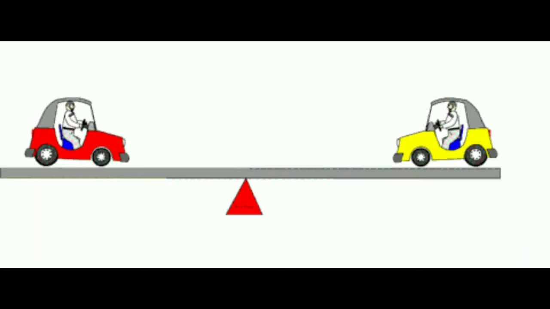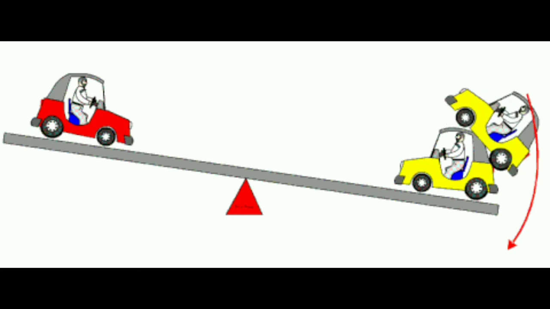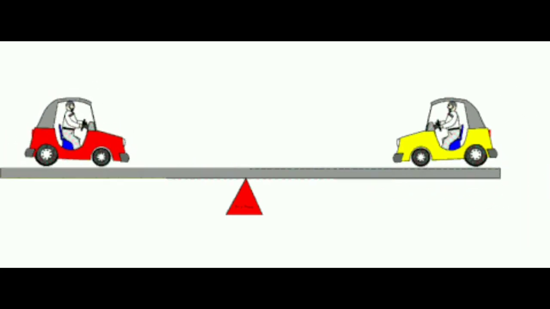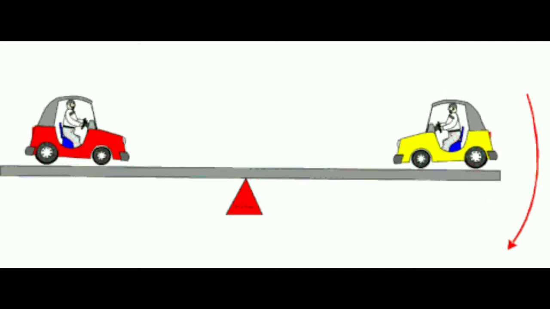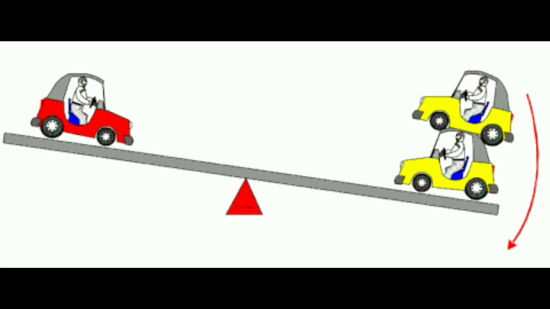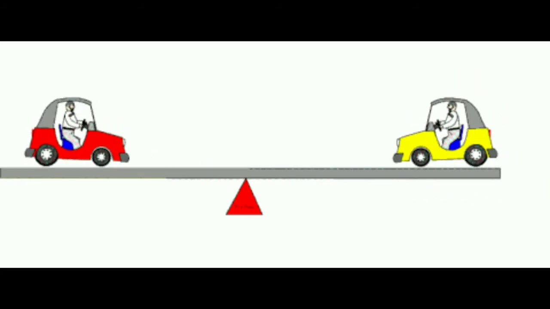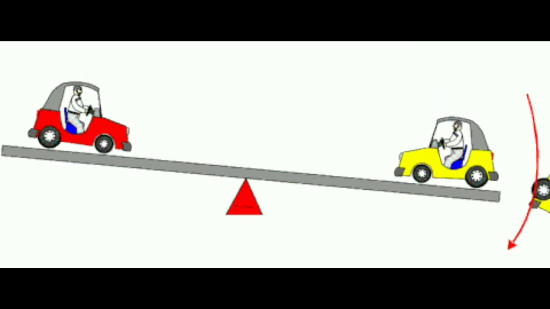Thus, what is unbalanced force? If the resultant of all the forces acting on a body is not zero, then the forces are called unbalanced force. So this is exactly opposite to balanced force. In balanced force, the resultant of all forces acting on a body is zero, whereas in unbalanced force it is not zero.